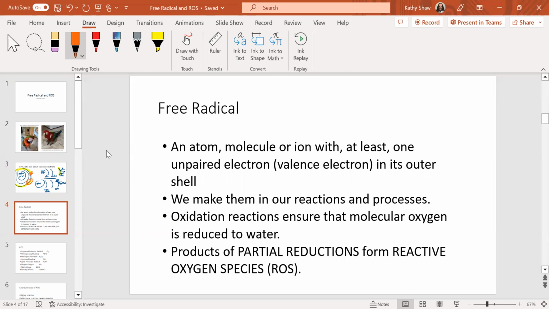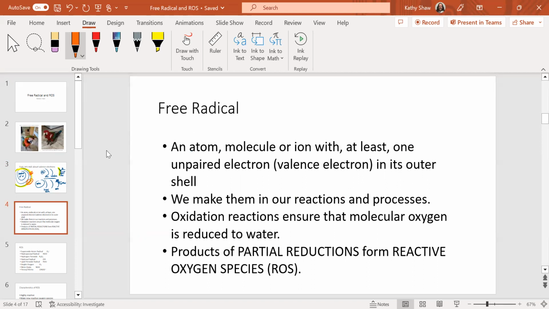We're going to go through soon a lot of reactions and processes, and they can make the molecules we'll be talking about making, or they can make these free radicals. One in particular, the electron transport chain, a process we'll be doing about week 3 or 4 of next try, is really good at making these free radicals.